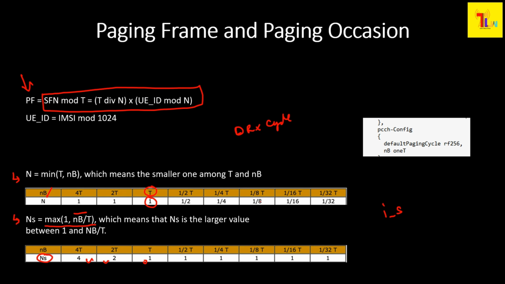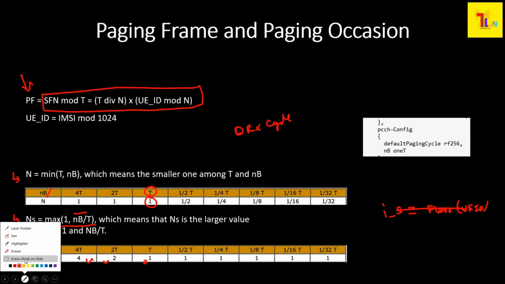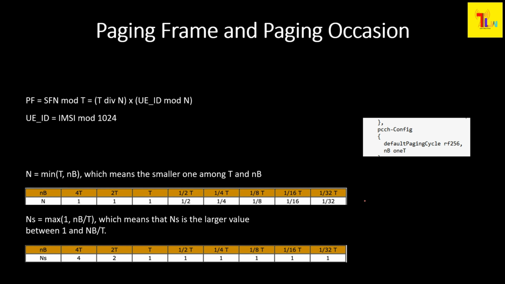So now we have all the variables. There is one more variable, IS. IS is calculated with the formula: floor of UE_ID divided by N, mod NS.